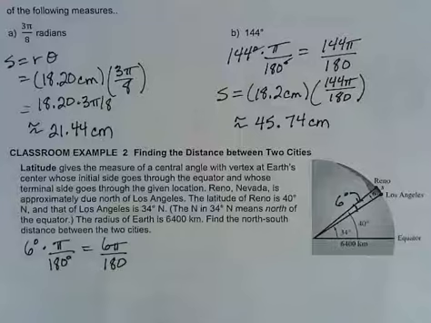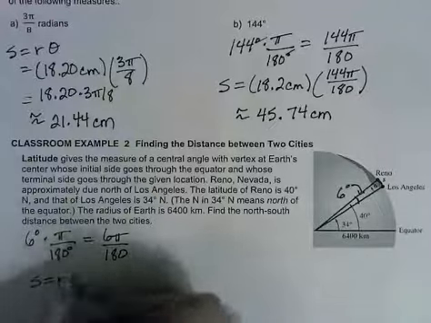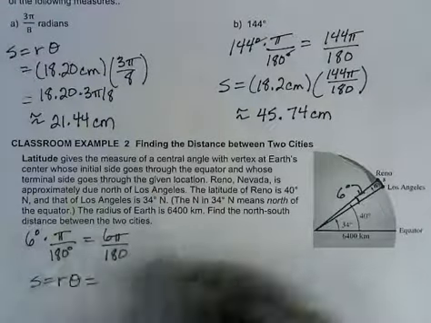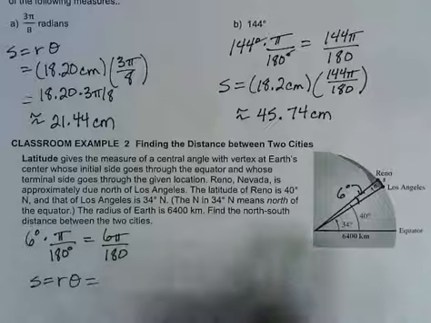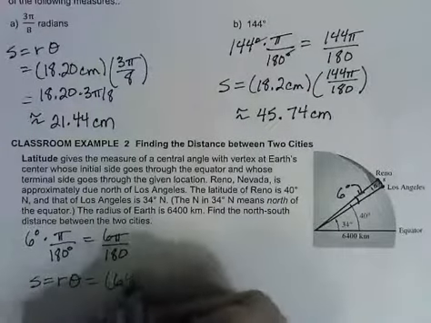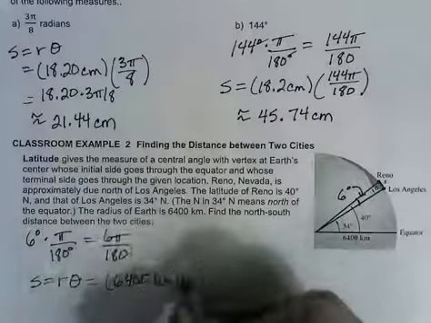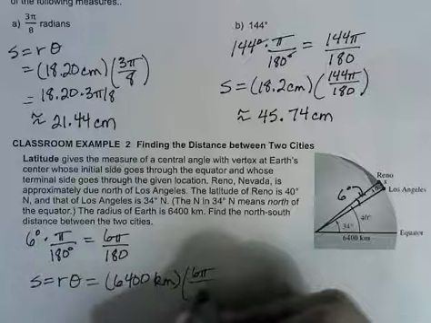Again, I'm not going to try and simplify this because I'm going to put it in my calculator eventually anyway. Now I'm just using my formula, and here it gives me the radius of the Earth. That's 6,400 kilometers approximately.